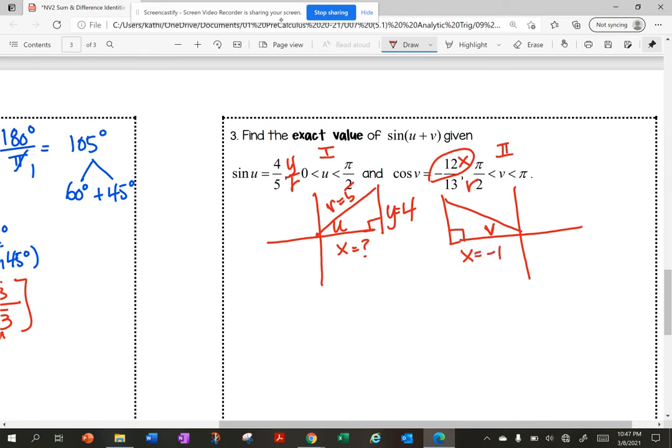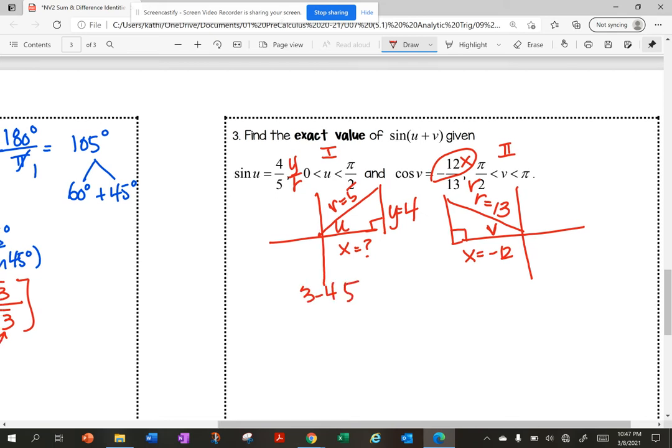So x is negative 12, and my radius is 13. At this point, I should be recognizing that if I have 4 and 5, this is a 3, 4, 5 Pythagorean triple, so I wouldn't need to do the extra math.